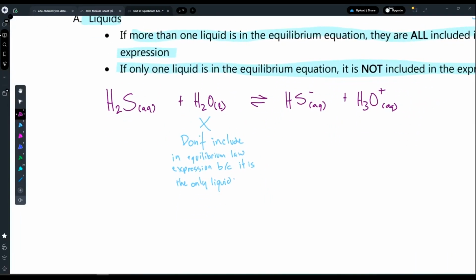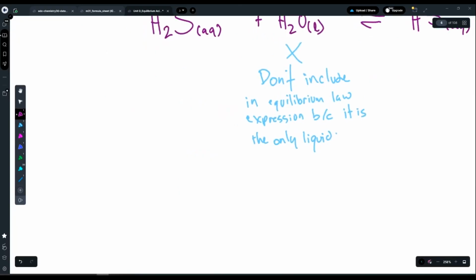If you are asked to figure out the equilibrium constant for the reverse reaction, all you need to do is take the reciprocal of the forward reaction. Okay, so we'll write that out and then I'll show you what I mean.